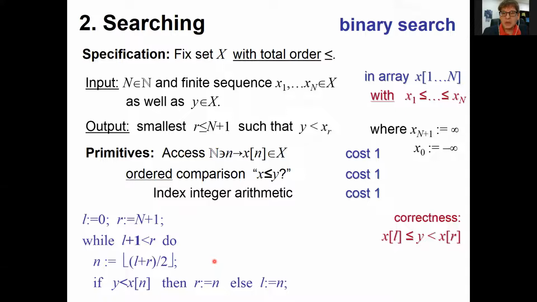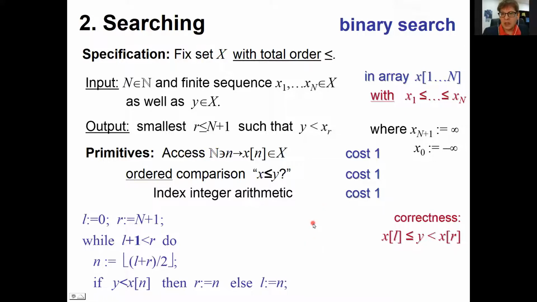For correctness, observe that we maintain the loop invariant that y is always contained between the element at position L on the left and the element at position R on the right, with less or equal here and strictly less here.